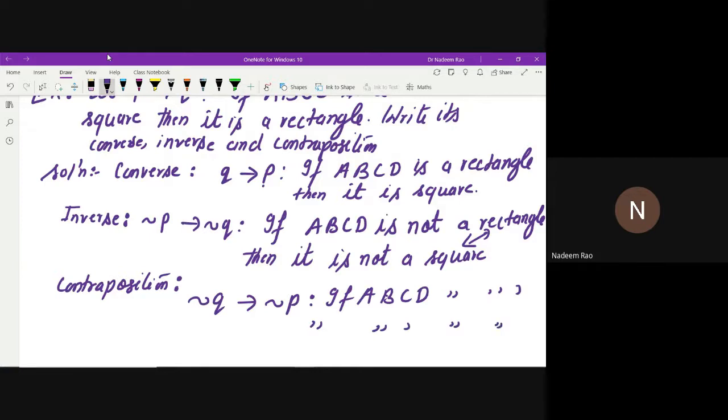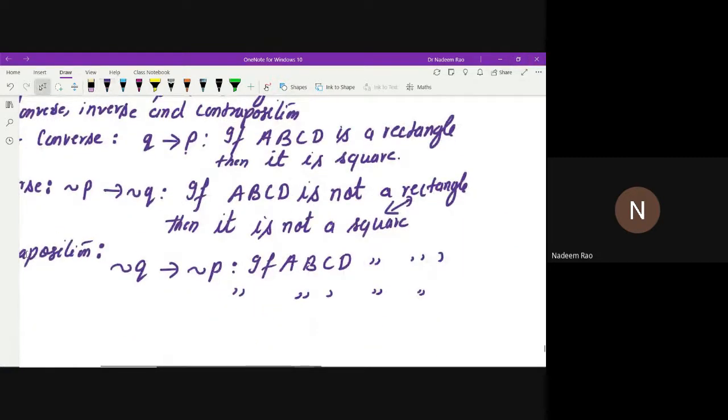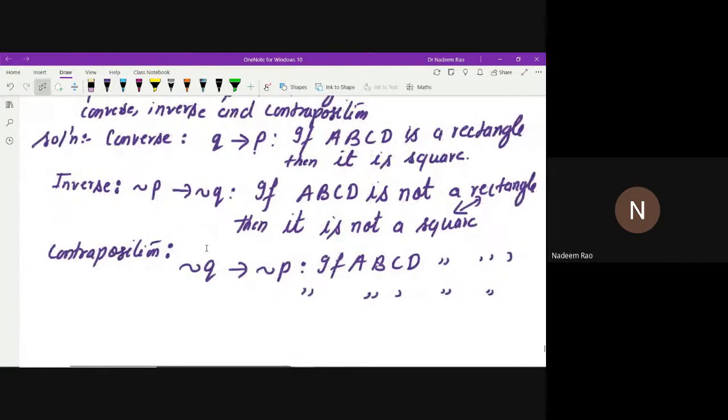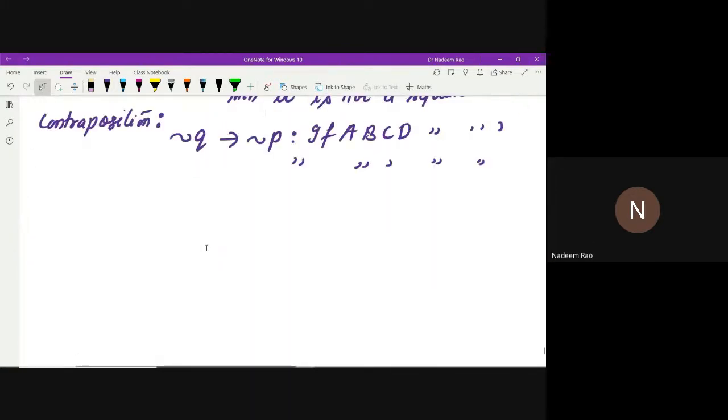Here we can try to understand converse, inverse, and contraposition again with the help of another example. If 3x plus 4 equals 10, then x equals 2.